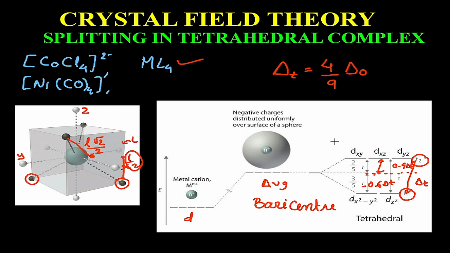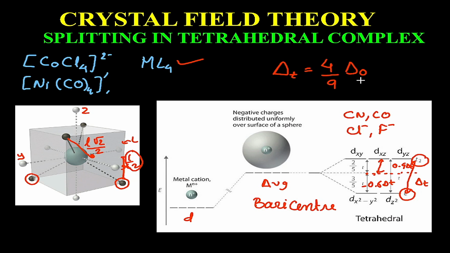The magnitude of splitting will be lesser as compared to the octahedral complex, irrespective of the ligand, whether strong field ligands like CN and CO, or weak field ligands like Cl minus and F minus. The magnitude of splitting will be smaller, and the difference between octahedral and tetrahedral is that tetrahedral is 4 by 9 times the octahedral.